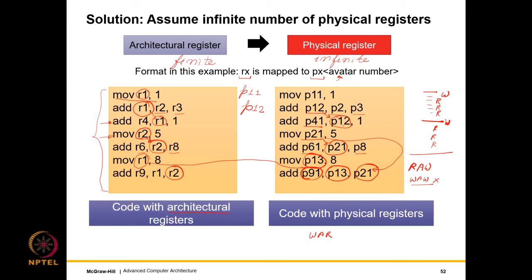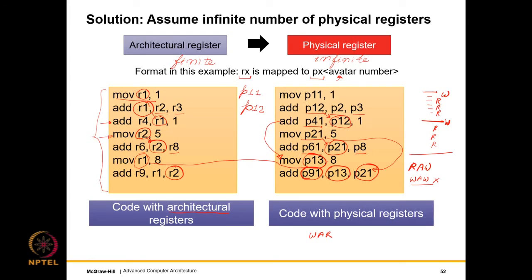Just take a look at this. For R1, the read is using P12, and after that we are writing to R1 again, which is this version P13. So there is a write after read dependence over here, but this is not causing an issue because these are actually separate avatars.